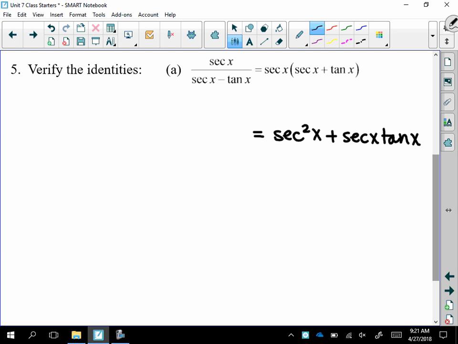Then what do we need to do? We could make secant squared 1 plus tangent squared. I don't know if that's going anywhere.